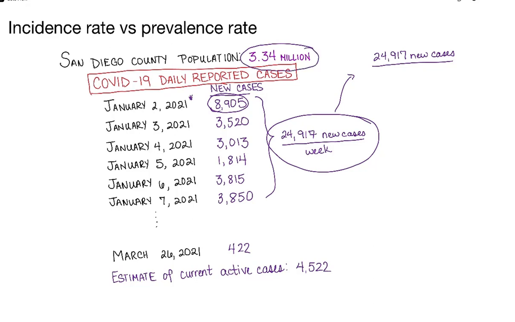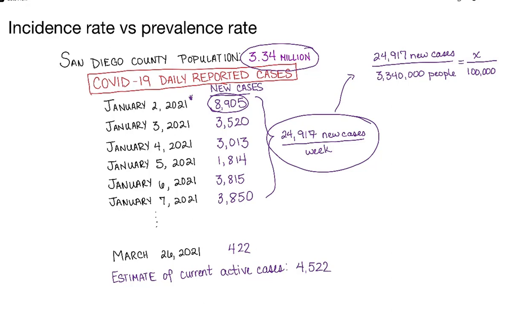Now, the population of San Diego County is estimated to be 3.34 million. So what I need to do is I need to set up an equivalency like so. In other words, I need to somehow change that ratio into X per 100,000 people.